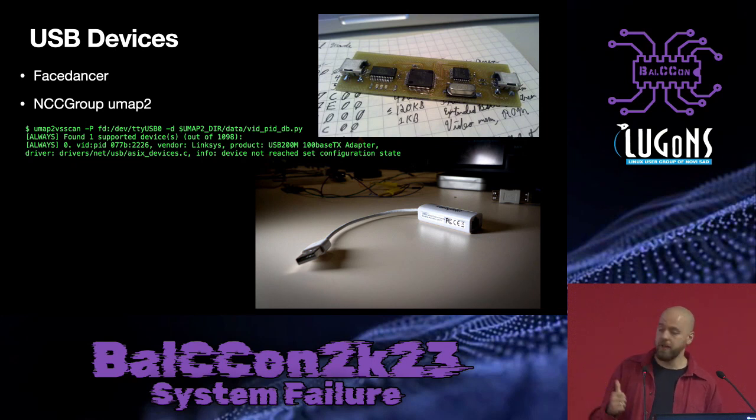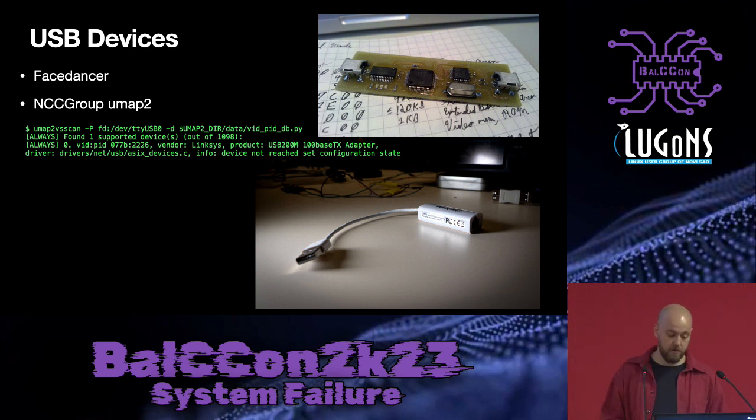There's this tool called Facedancer, which is a USB debugging tool, a low-level USB analysis tool. And as an application that uses Facedancer, folks from NCC Group made a tool called umap2, which uses Facedancer to do all sorts of interesting things.